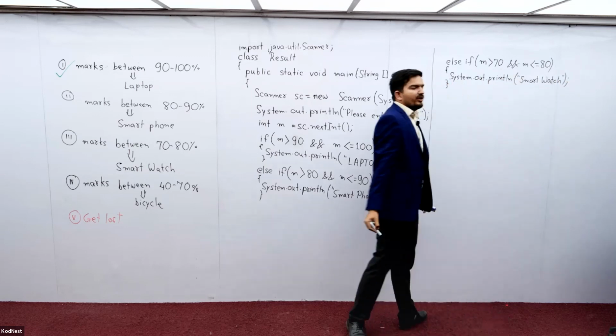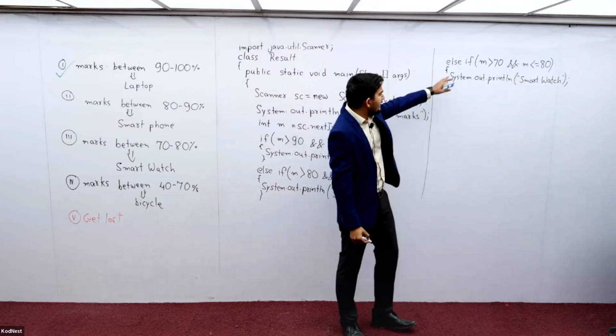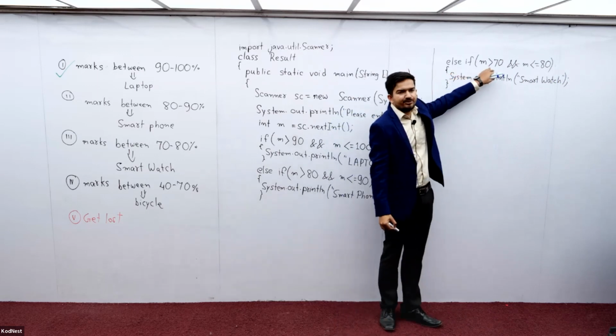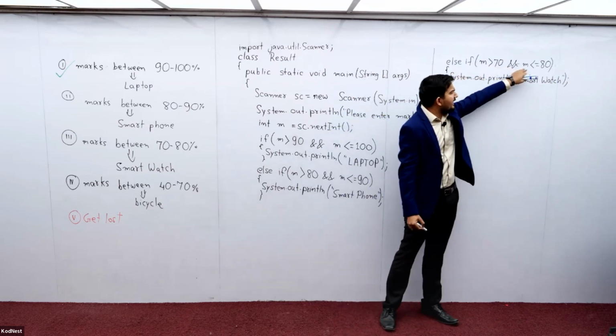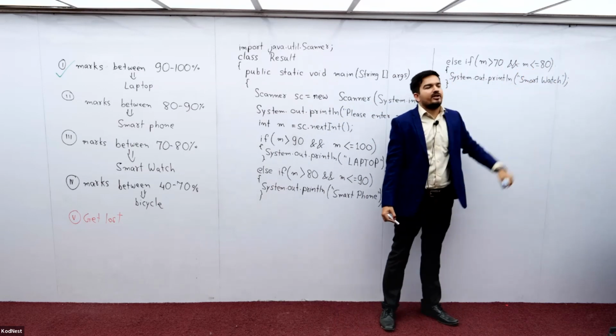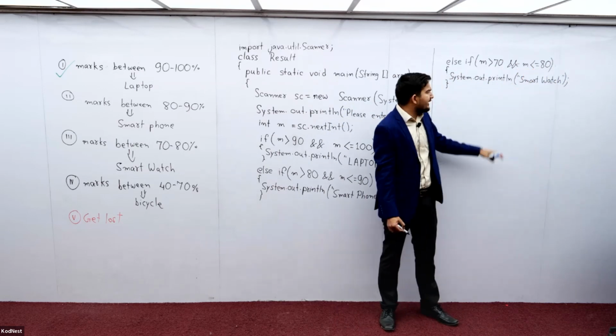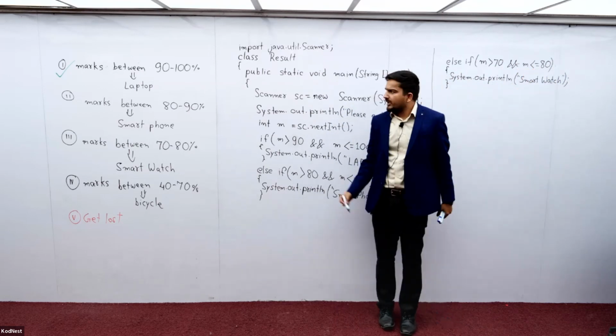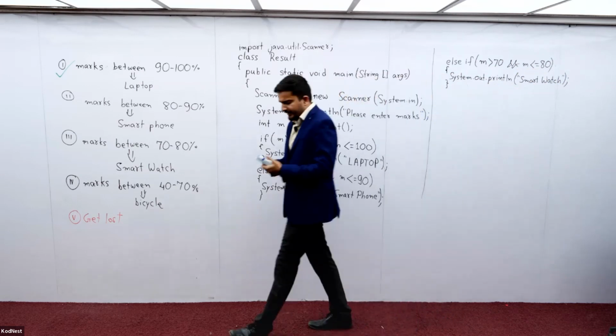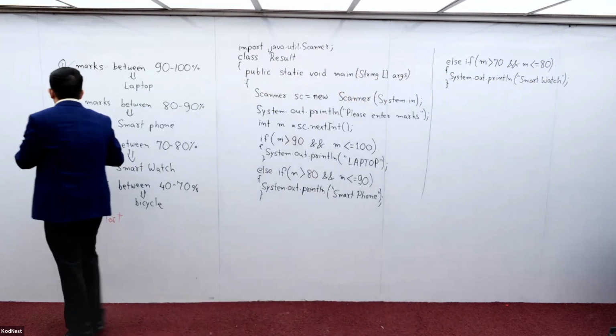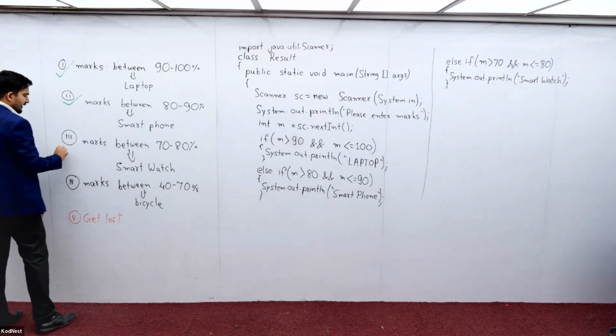This is what we are going to print. In such a case where marks happen to be greater than 70 and marks happen to be less than or equal to 80, we are going to get the smartwatch. Three conditions we have taken care of. Condition 1, condition 2, condition 3.